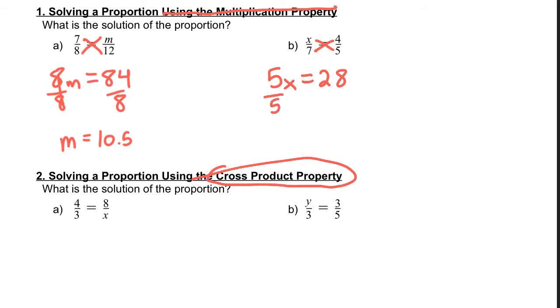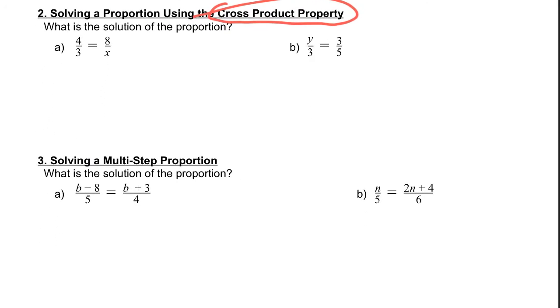And I divide both sides by 5. So x is 5.6. So cross products, you're multiplying, it creates a cross. You're multiplying across the equation, the equal sign.